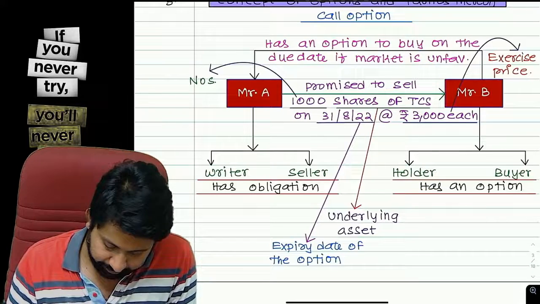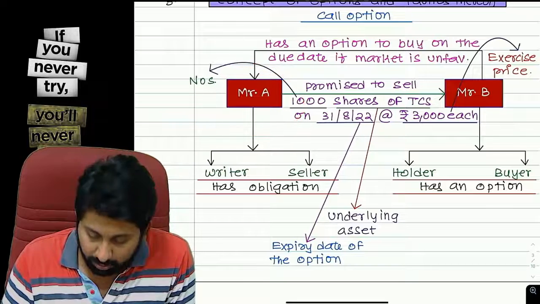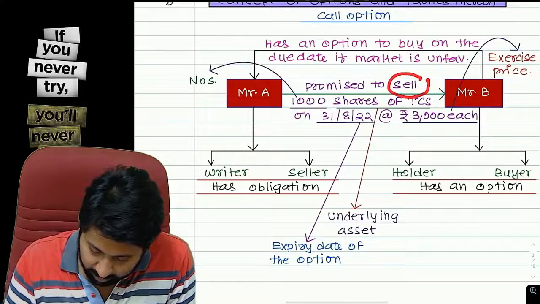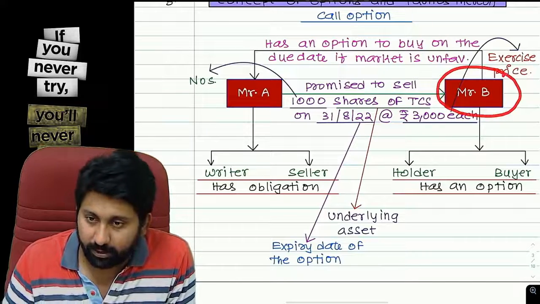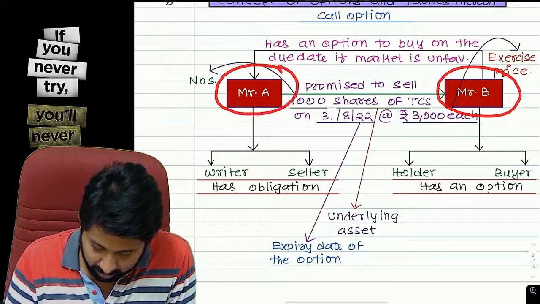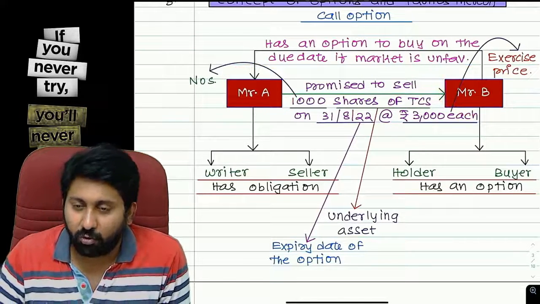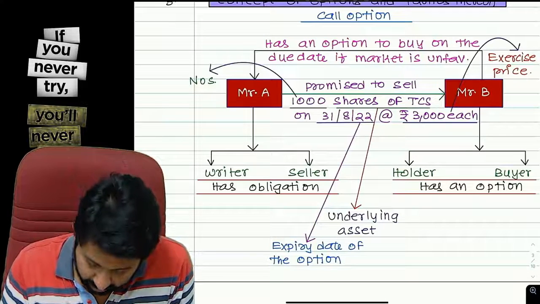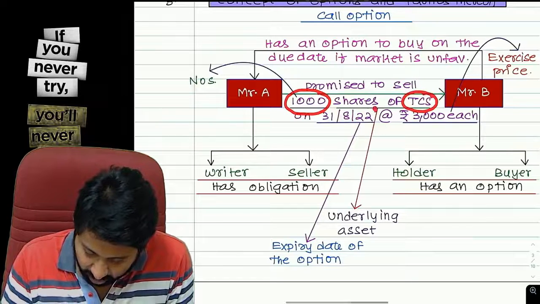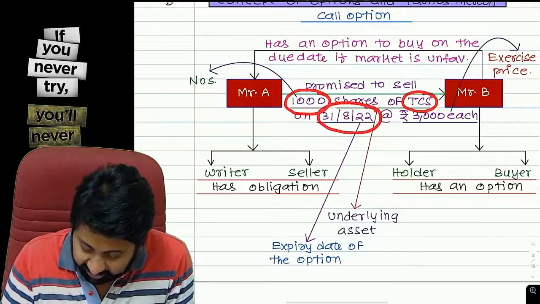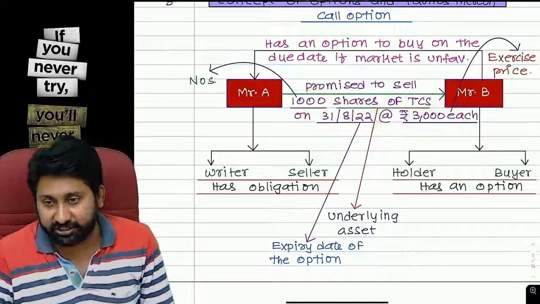Okay, see here. Mr. A promised to sell Mr. B 1000 shares of TCS on 31/8/2022 at rupees 3,000 each.